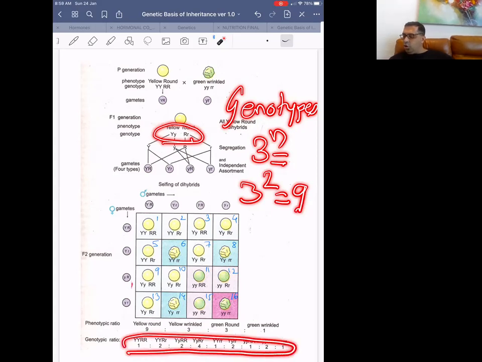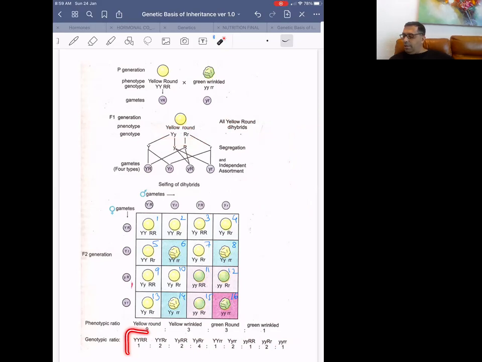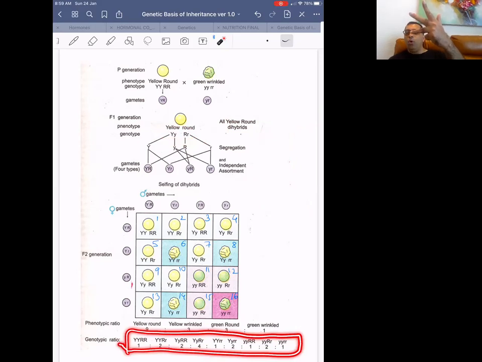9 types of genotypes we got in the ratio of 1 is to 2 is to 2 is to 4 is to 1 is to 2 is to 1 is to 2 is to 1.